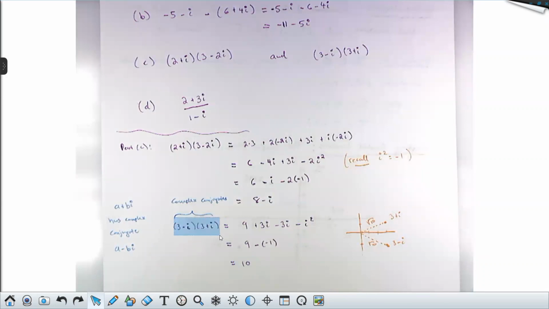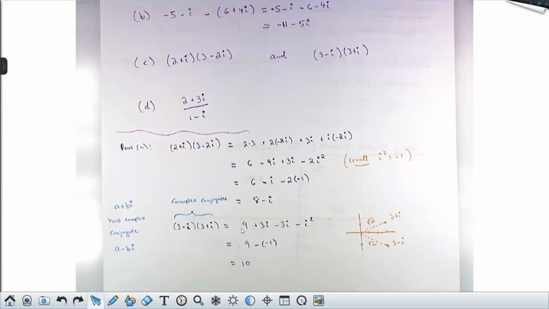And that's because we were multiplying 3 minus i by its complex conjugate, 3 plus i. So anytime you multiply a complex number by its complex conjugate, the result will be real. And that's something we're going to use to divide. The business with the modulus is, again, not something you need to know, but a cool fact. There's notation for all this stuff, but again, you don't need that.